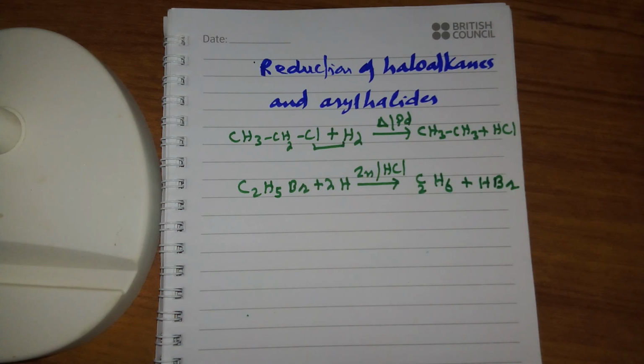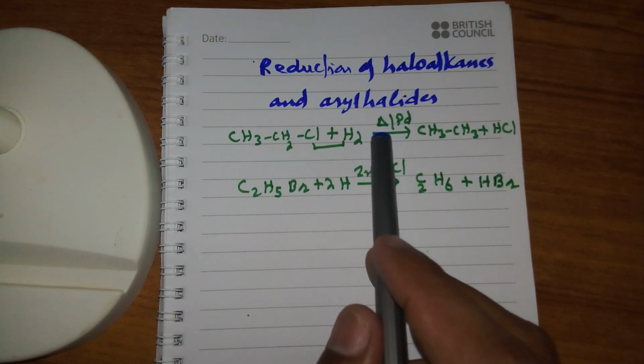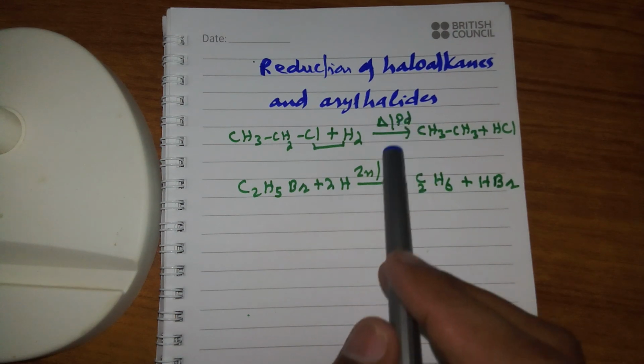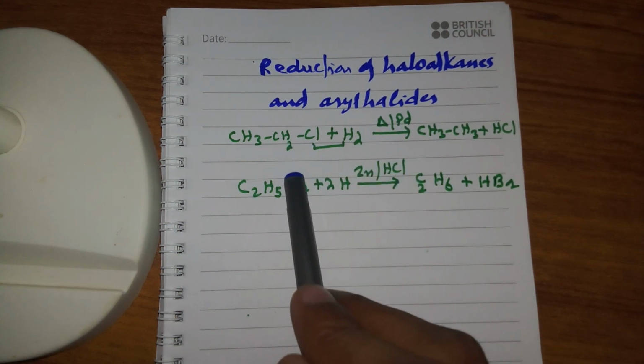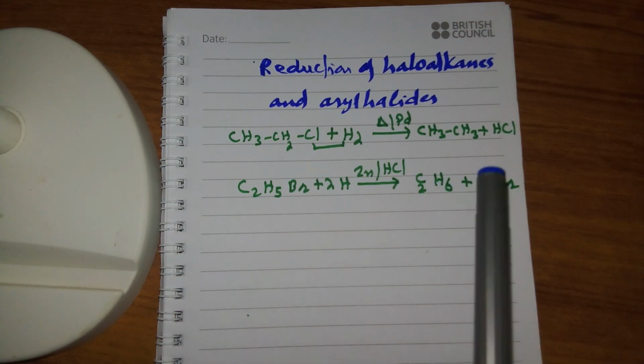So either we have zinc and HCl or we have palladium. They both reduce these alkyl halides into their respective alkanes.